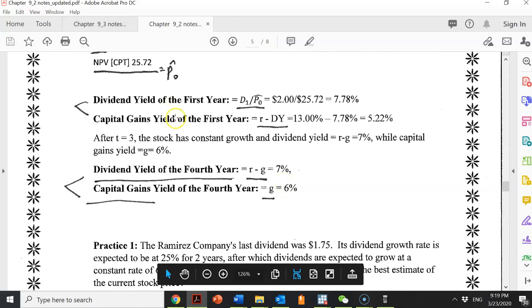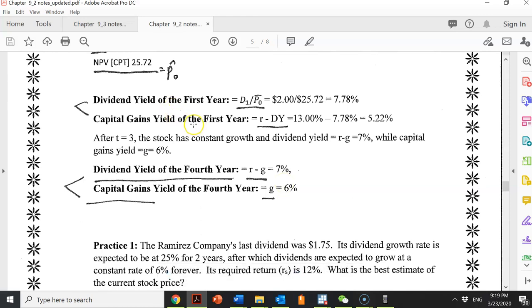For dividend yield and capital gains yield for the first year, by definition, dividend yield is D1 over P0. So we can calculate that. The dividend yield equals 7.78%. Capital gains yield becomes R minus dividend yield, so it's 13% minus 7.78%, which is 5.22%.